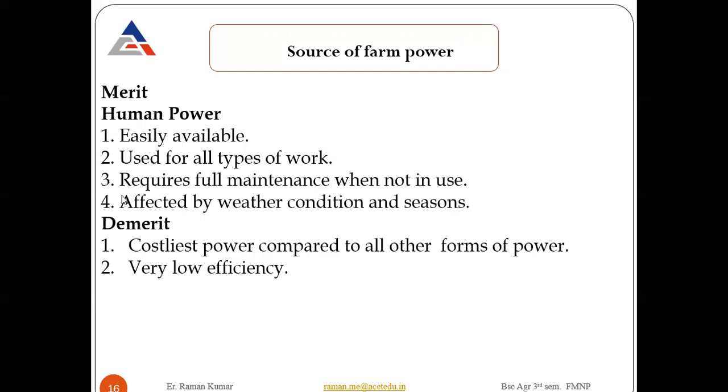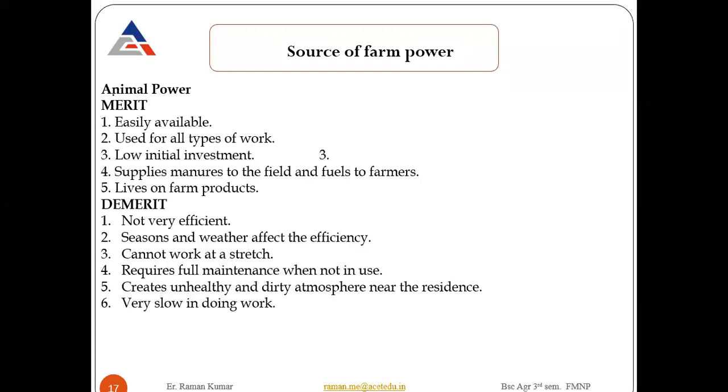Next is your animal power. So what is animal power? Look here: we use bullock, horse, mare, donkey. All these come under animal power. So what are the merits of animal power?